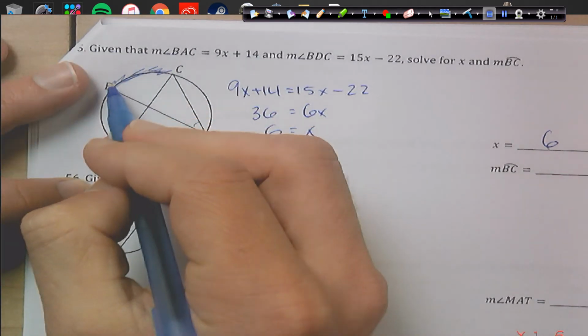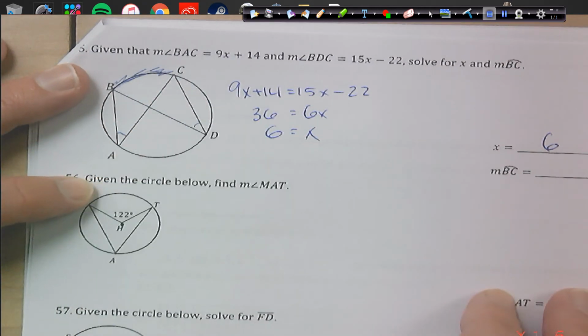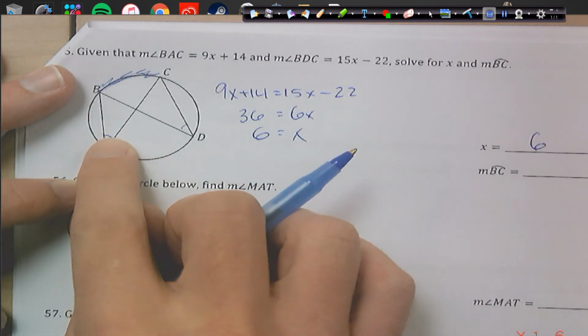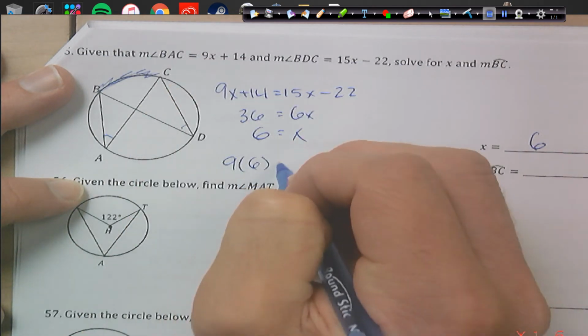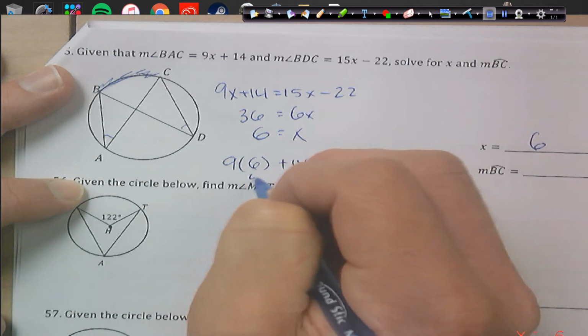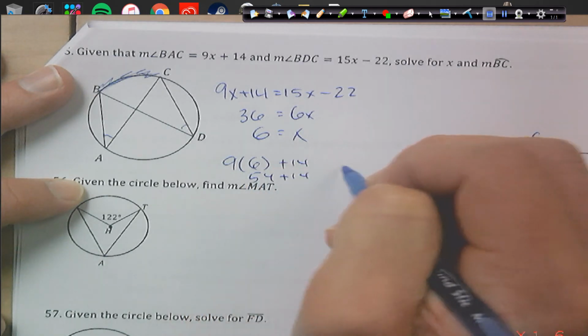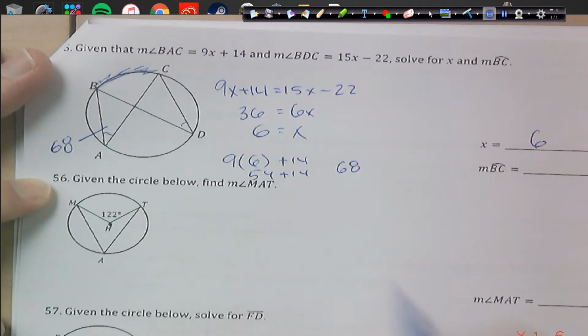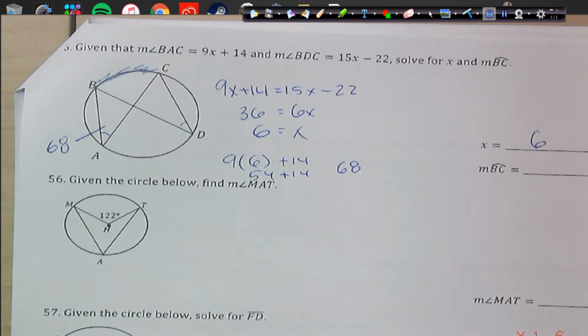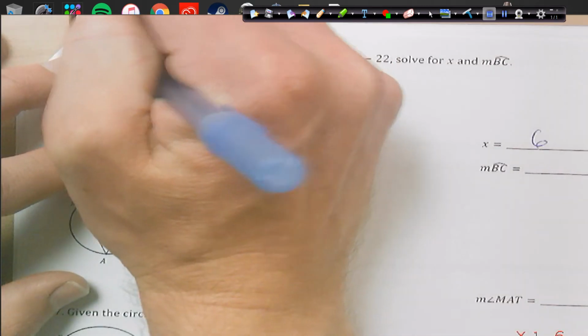And then it says, what's the arc of BC? So this is where you have to be careful. I have to find this angle here, so I'm going to plug it into this formula. So 9 times 6 plus 14. 9 times 6 is 54, plus 14 is going to be 68. So this angle is 68. That's an inscribed angle, so BC is going to be double 68, so it's going to be 136.